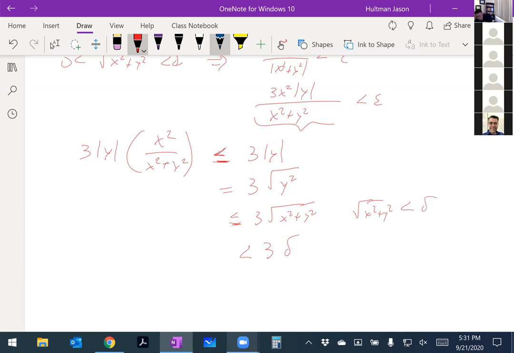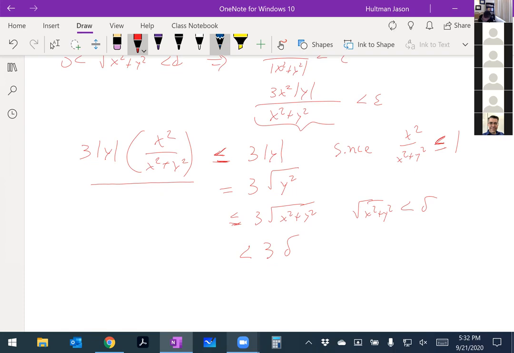Okay, so follow the logic here. The original was less than or equal to 3 absolute value of y, since x squared over x squared plus y squared is less than or equal to 1.